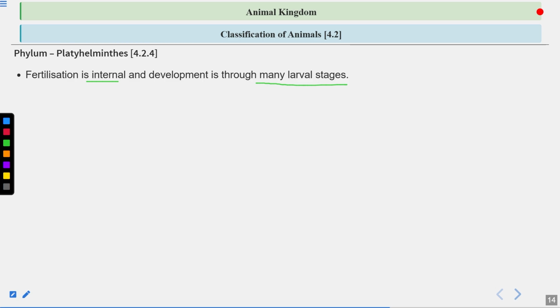No, earthworm is not a type of platyhelminthes. Earthworms are totally different from platyhelminthes. We will see when we study Annelida. Once you study all the three phyla of the worms, Platyhelminthes, Aschelminthes, and Annelida, then you will be able to identify them.